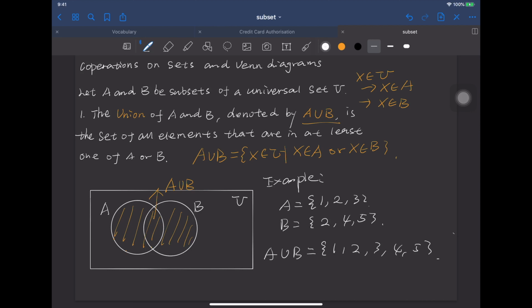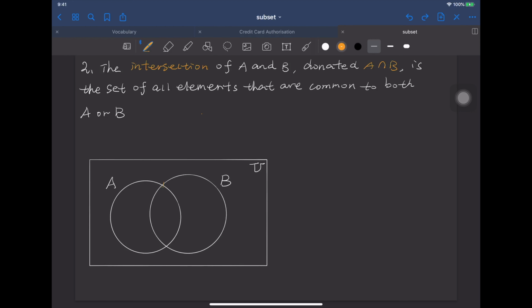The second operation is the intersection of A and B, which means A and B have the same elements, or you can think of it as elements that are not only in A but also in B. So in the mathematical definition, A intersection B means we can find an element in our universal set, and this element is not only in A but also in B. It can also be illustrated by our Venn diagrams.